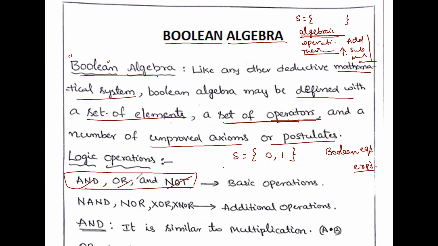In the same way, in Boolean algebra, the basic logical operators are AND, OR, NOT. With these basic operators, we can develop other operators also. Those are NAND, NOR, XOR, and XNOR. These are additional operators.